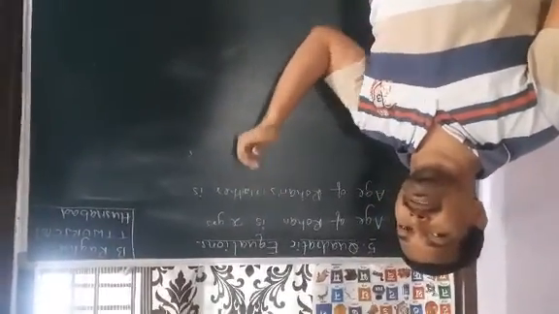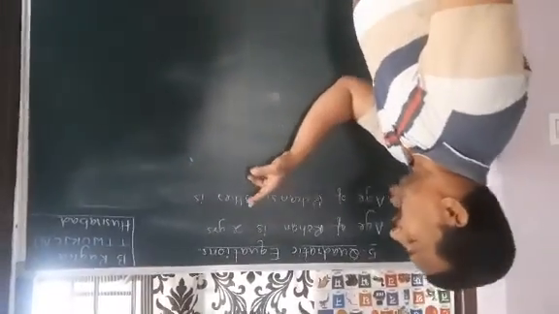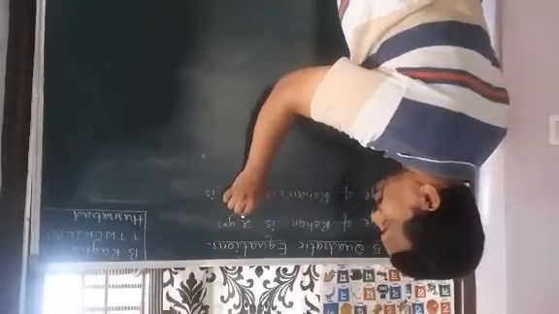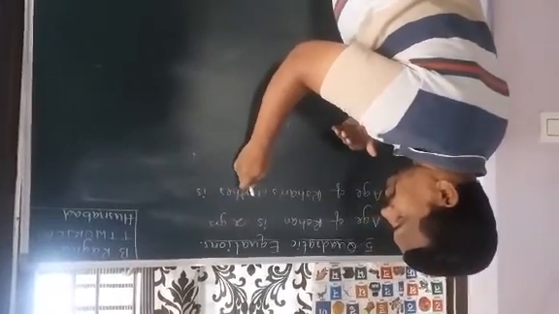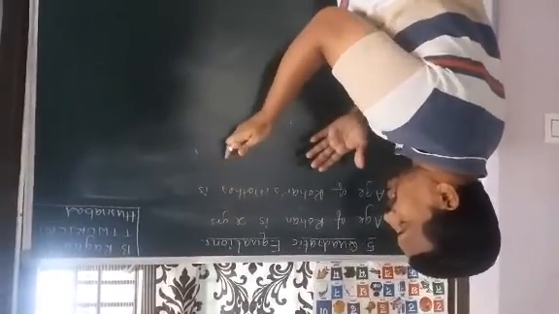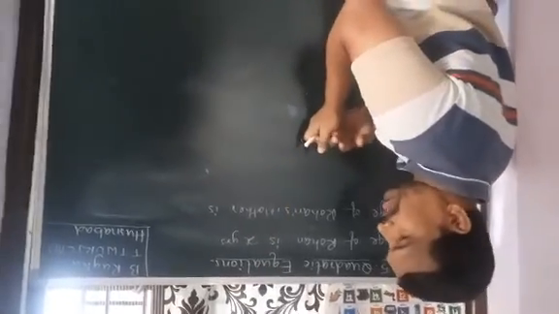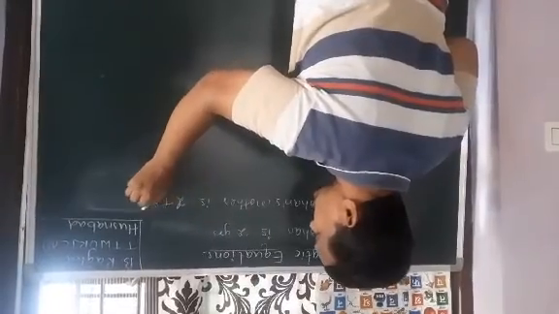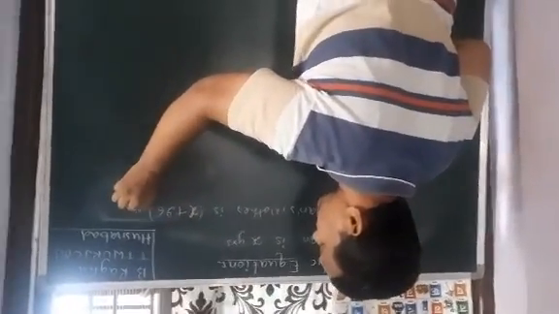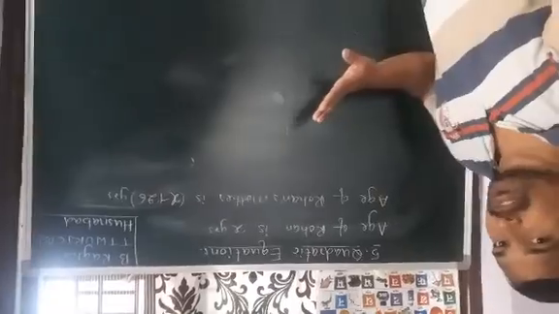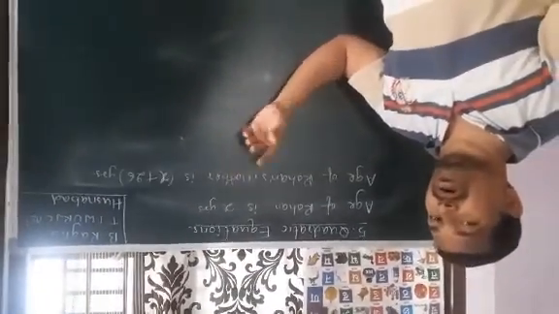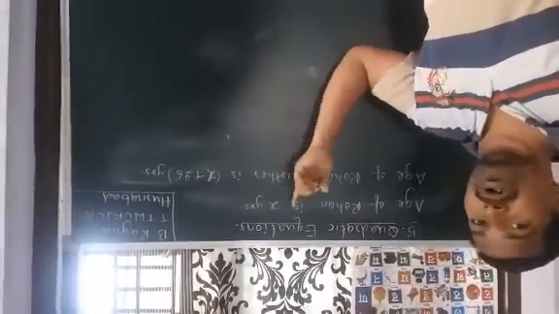So add 26 to Rohan's age. What is Rohan's age? x. Her mother is 26 years older, meaning excess 26 years over Rohan's age. So x plus 26. Rohan's mother's age is x plus 26.